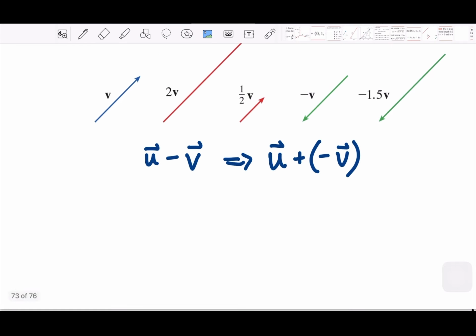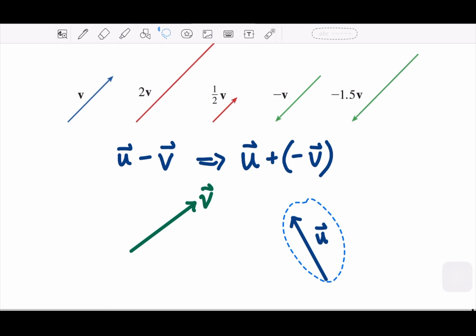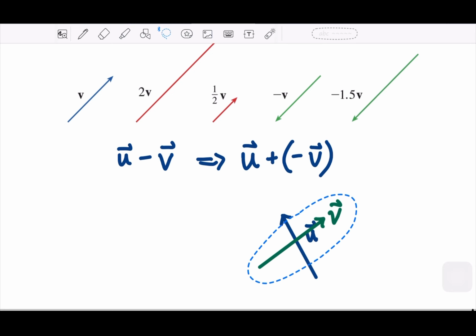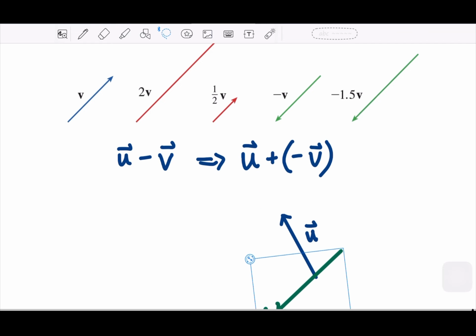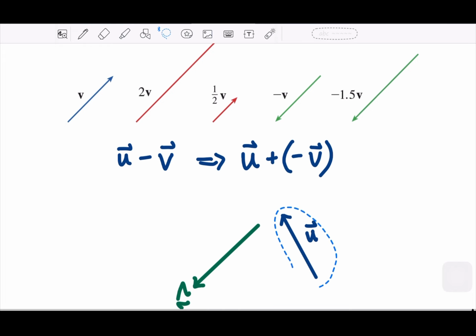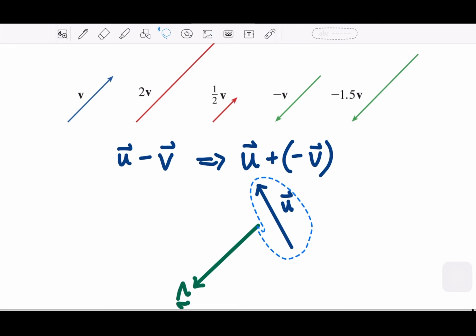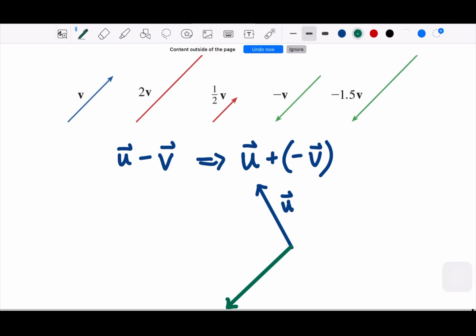So if we have u over here, and let's say v is here, now instead of v going there, we are going to take minus v like that.